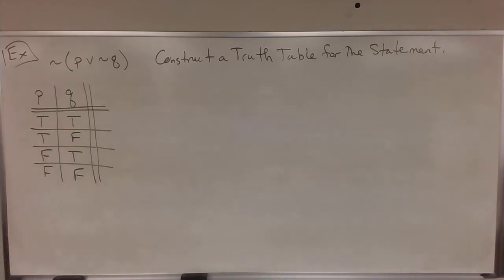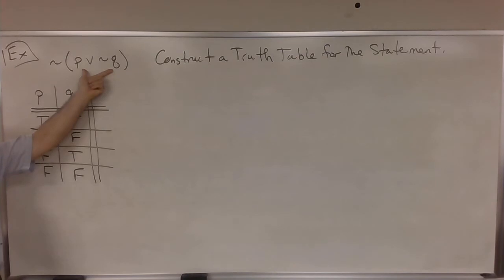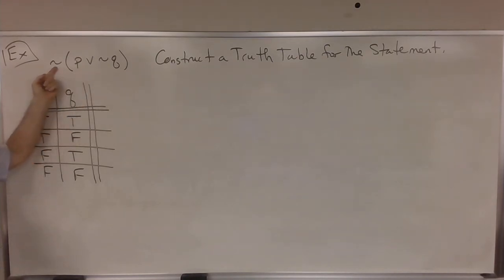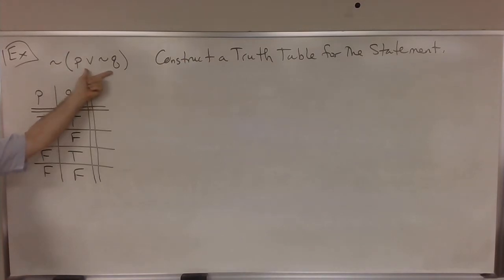And now we fill in everything else. I want to negate this statement, so I better know the truth values for this statement before I do the truth values for the negation of this statement.